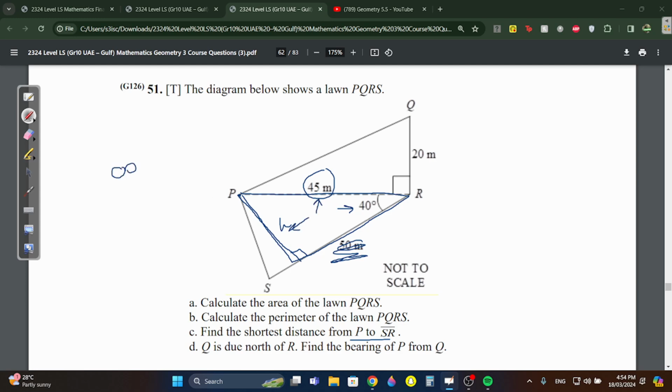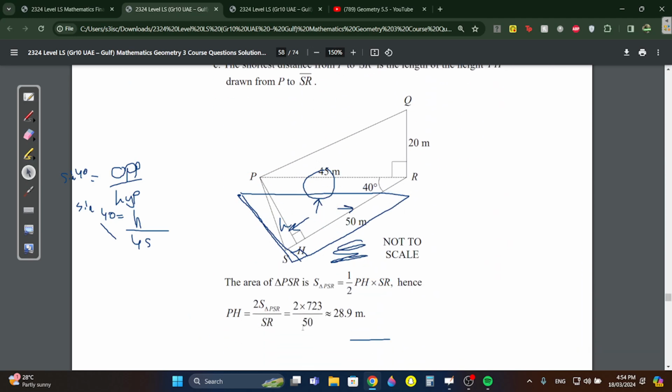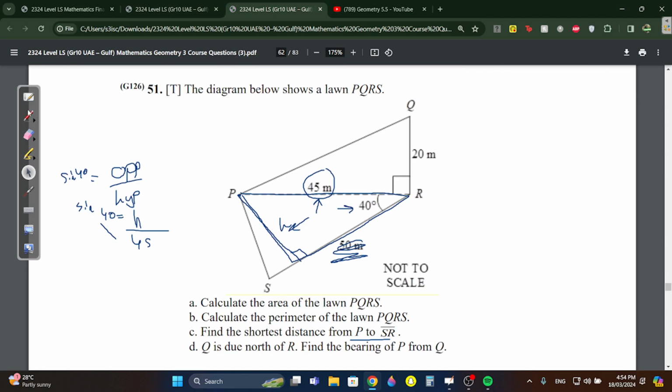So it's going to be sine 40, opposite over hypotenuse. Sine 40 equals h over 45. So h equals 45 times sine 40, which is 28.9. You can just say 29, I think. 28.9.